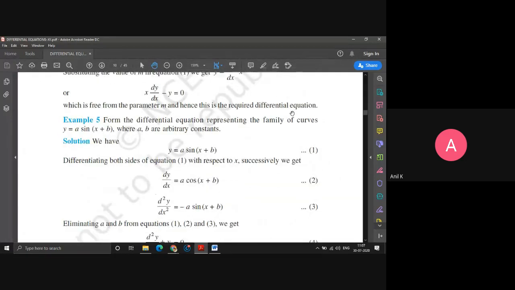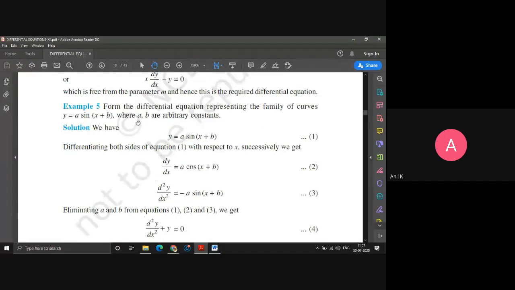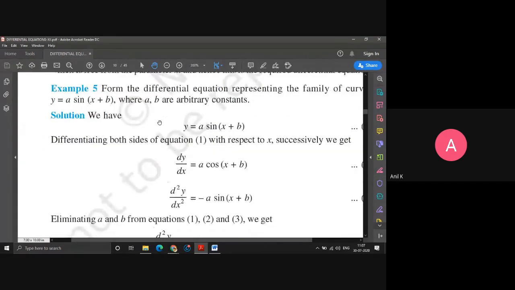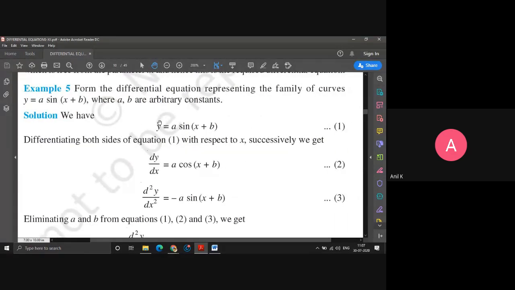What I can do here. For example, if I take example 5: form a differential equation representing the family of curves y equals a sine of x plus b, where a and b are arbitrary constants.